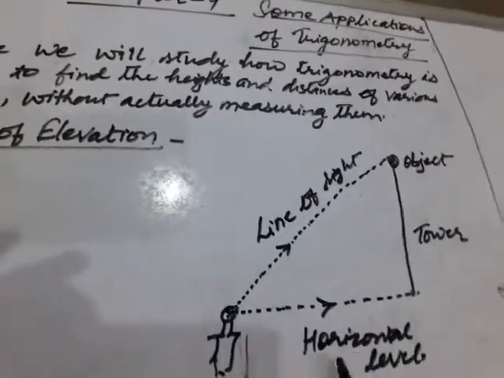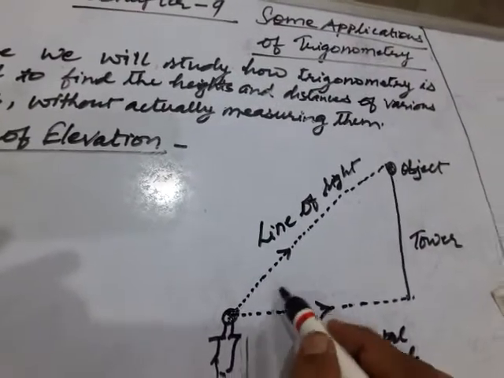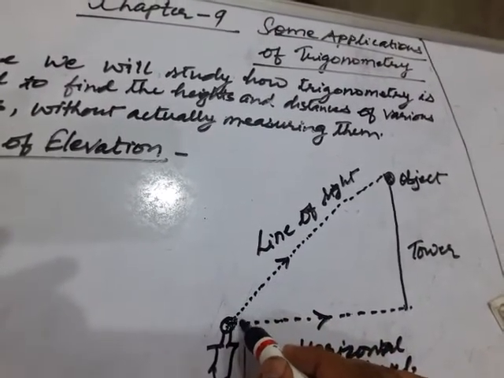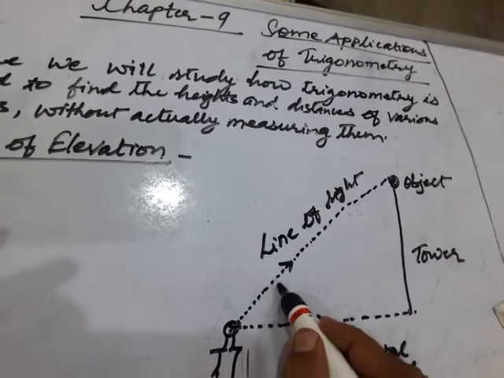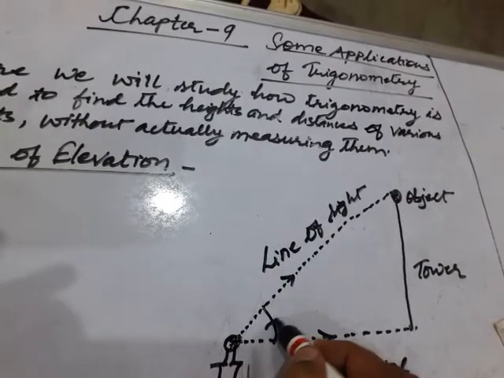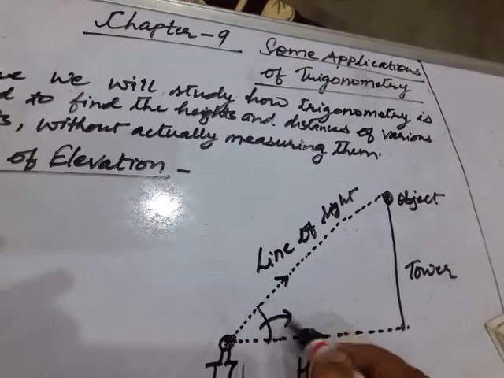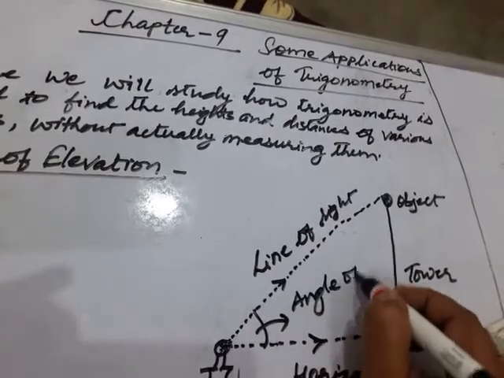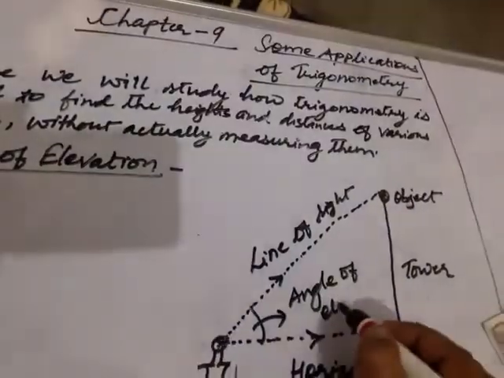So in such a situation, an angle is formed at the eye of the observer between the line of sight and the horizontal. This angle is known as the angle of elevation.